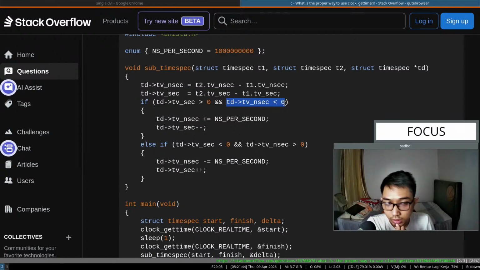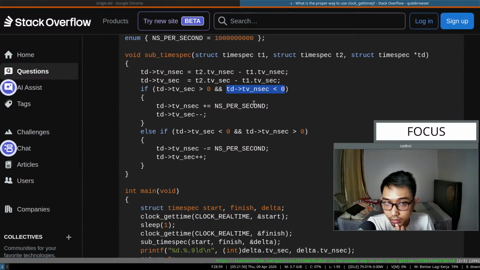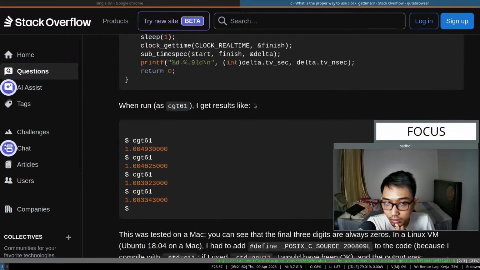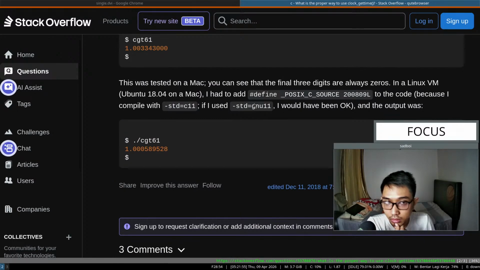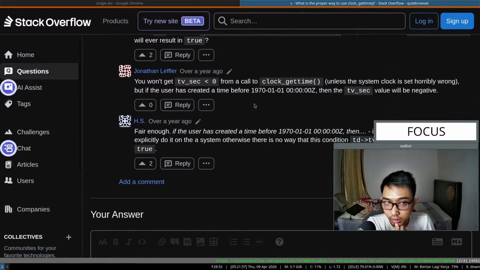But this one. When the nanosecond becomes negative, maybe the same thing. Built a time before 1970, January 1st. Maybe.